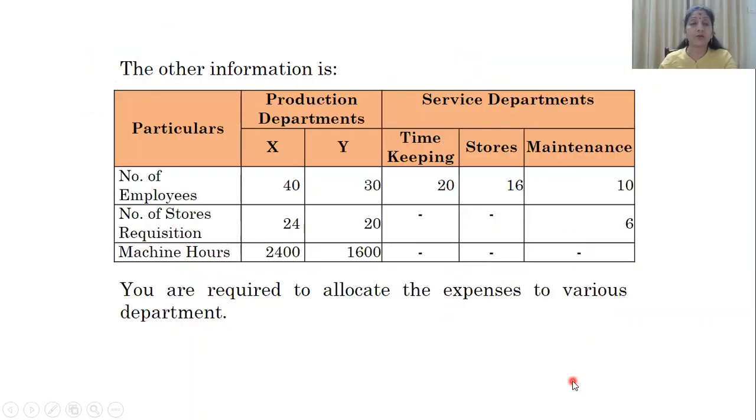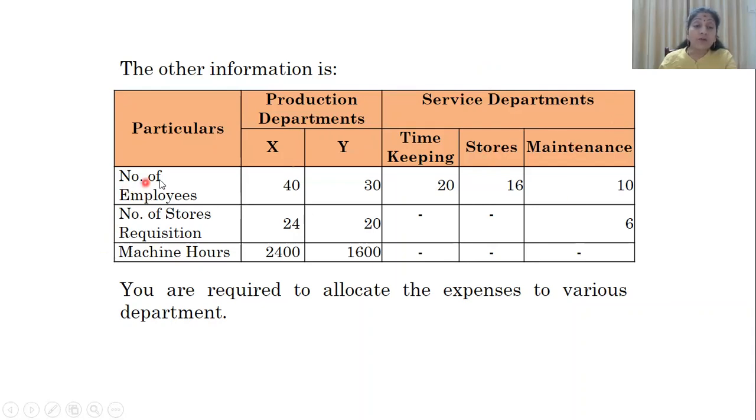The problem is continuing. The other information is the apportionment basis as given here: number of employees, number of stores requisitions, and machine hours. Here two production departments and three service departments are given.